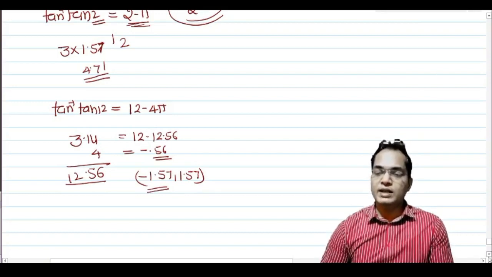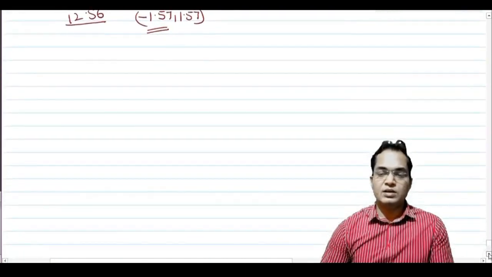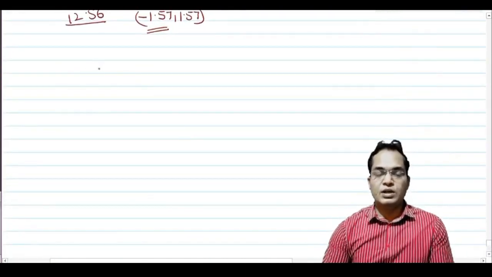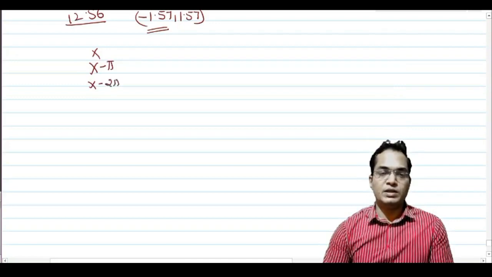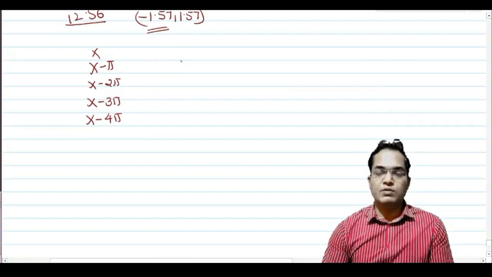Now you can realize or memorize the fact. What is the fact? For the positive angles, our scenario is like this: first x, then x minus π, then x minus 2π, x minus 3π, x minus 4π, like this. Okay. And for the negative angles, what is the scenario?